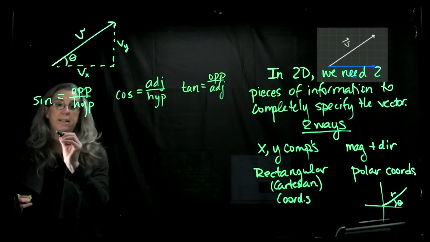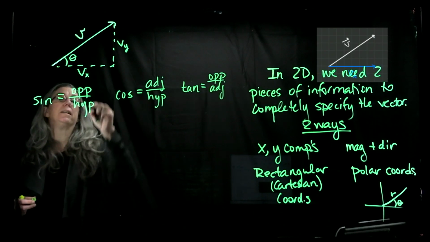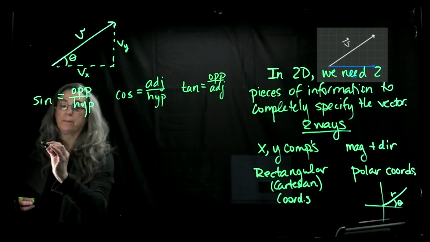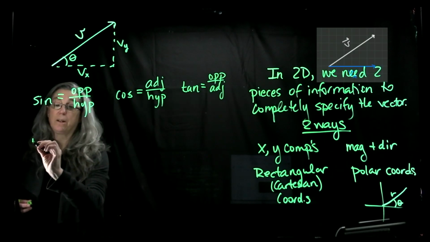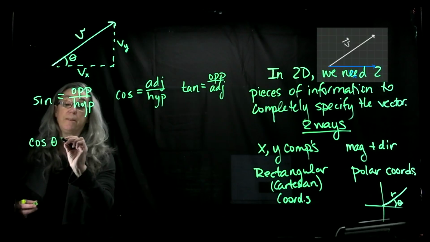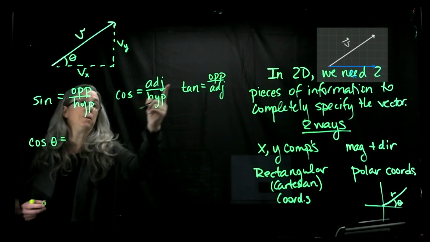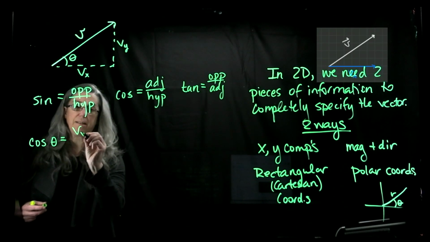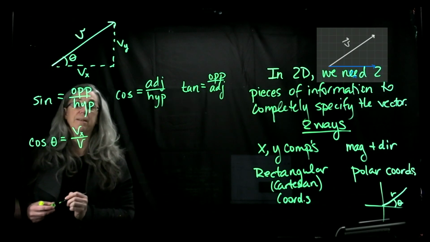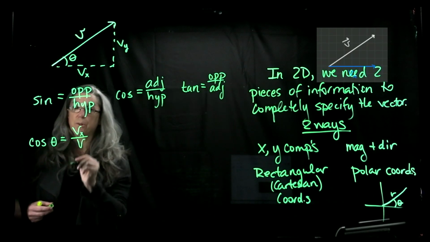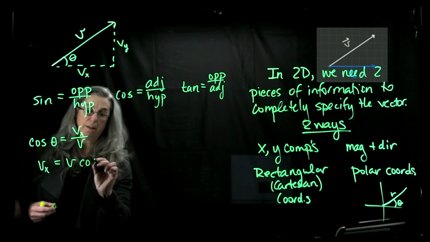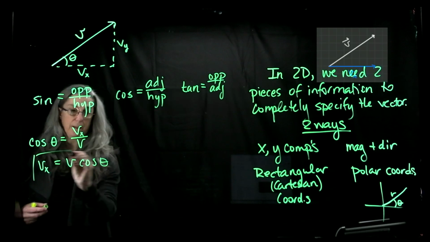So I can find Vx: Vx is the adjacent side to theta, it's the one that touches, and V is always the hypotenuse. So the cosine of theta is equal to the adjacent over the hypotenuse, and the adjacent side is Vx, the hypotenuse is V. I can just cross multiply, and I get that Vx is equal to V cosine theta.